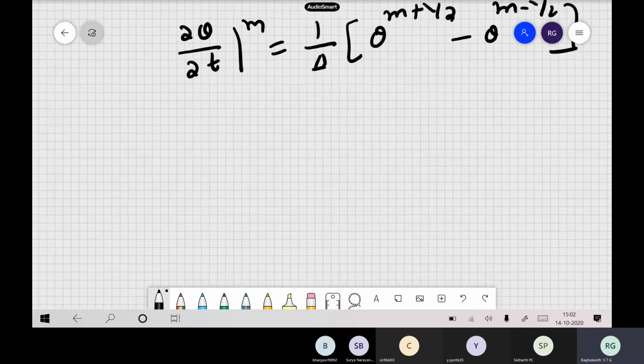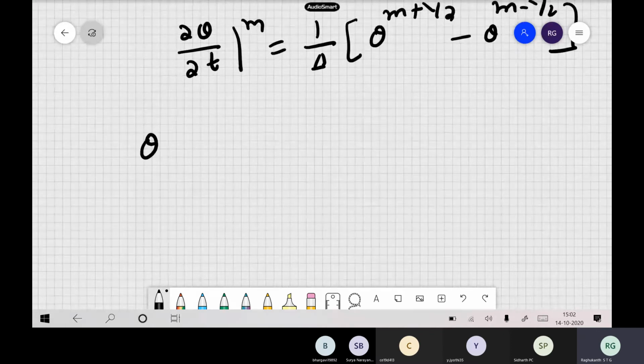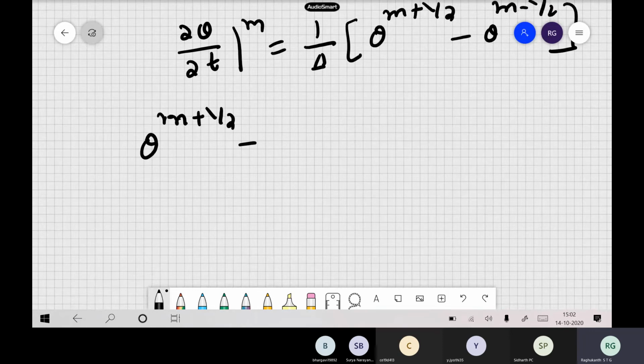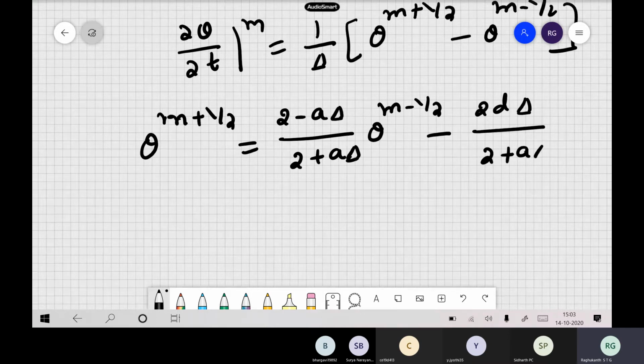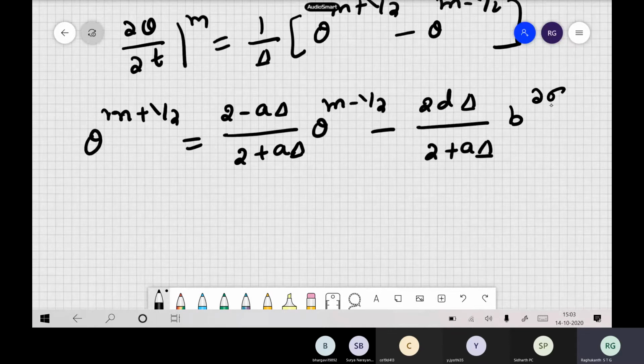Now the equation for theta can be written as, theta m plus half is nothing but 2 minus a times delta divided by 2 plus a times delta, times theta m minus half, minus 2 times delta divided by 2 plus a times delta, b into dou sigma by dou x at m.